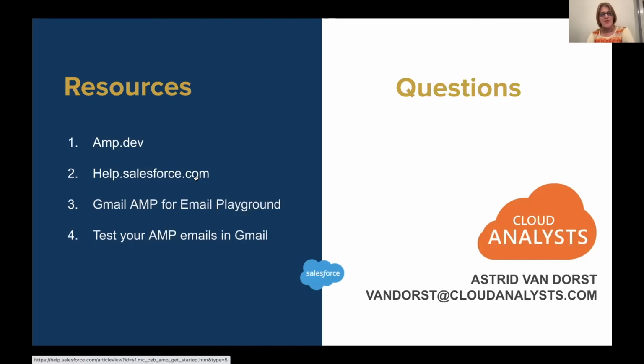Over there, you type in AMP for email, and then it leads you to Getting Started, which is also really good. The third one is amp.gmail.dev, which gives you a playground to work with, which is really useful. And then there is also developers.google.com, which gives you AMP email and testing email resources.